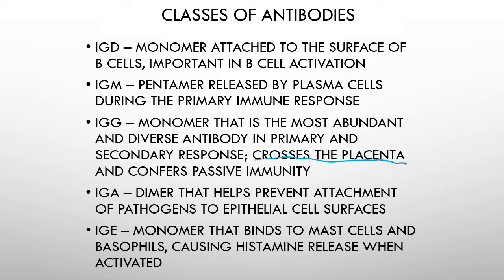IgAs are typically things that are epithelial related, so typically the surface of the body. So this is skin, digestive tract, respiratory tract types of infections, where we're going to see IgAs become elevated from those types of responses.